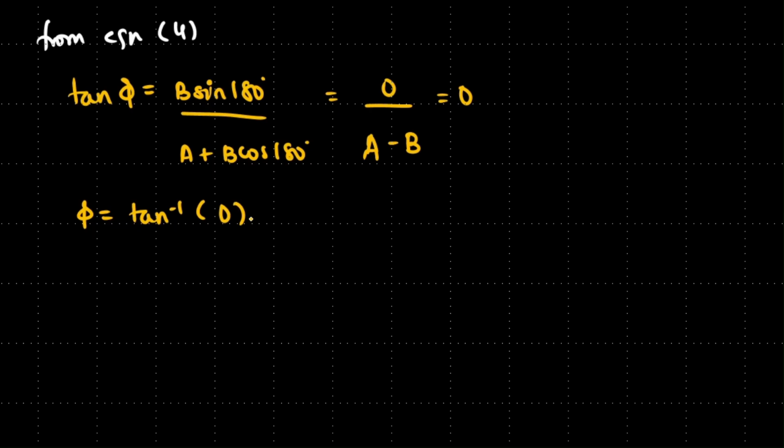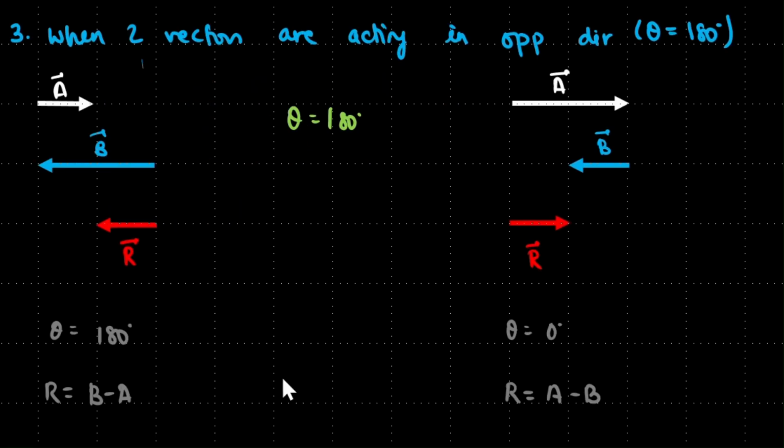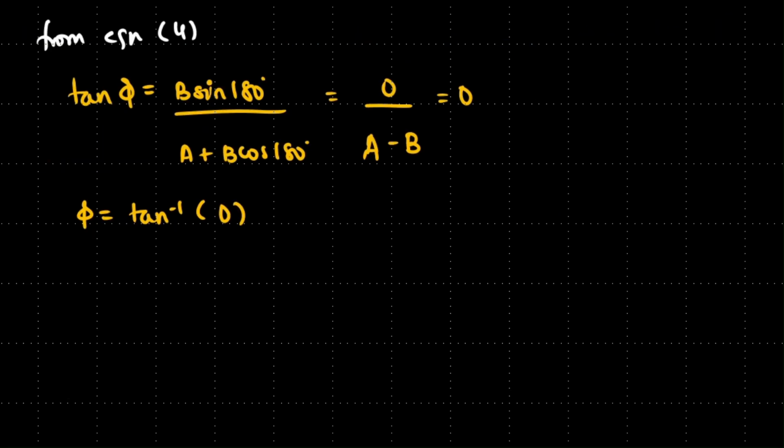Now you have to think about it. Does this work for 180 degrees? In the case where we did the same direction, it obviously did not work. But in this case, both 180 degrees and 0 degrees seem viable when you think about it. So that's why phi will be 0 degrees or 180 degrees, depending on what the situation is.